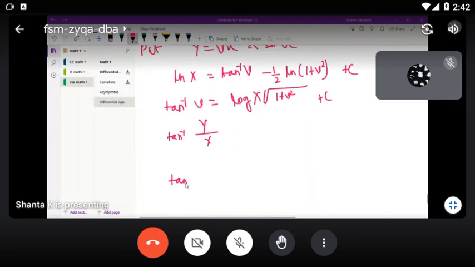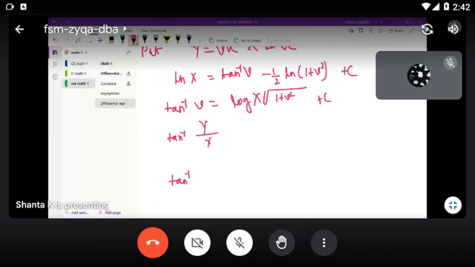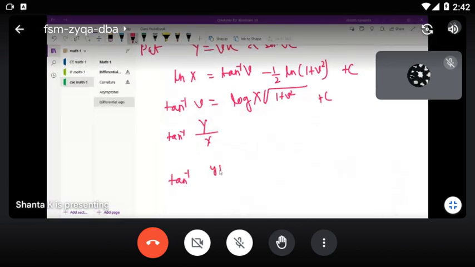So tan inverse of (y plus 5) by (x minus 1) equals ln, we are considering ln, of X which is x minus 1, times the square root of 1 plus v square, where v is (y plus 5) by (x minus 1).